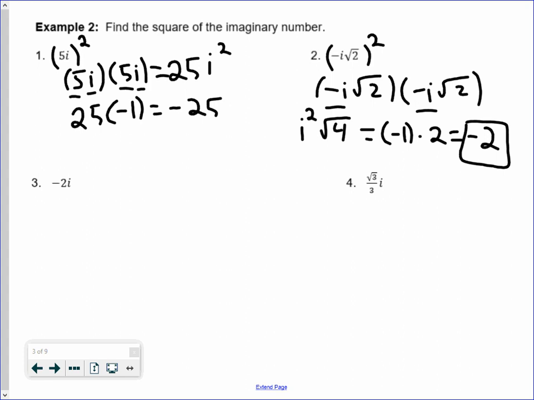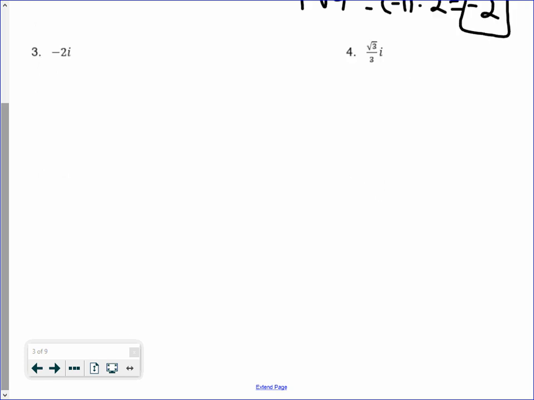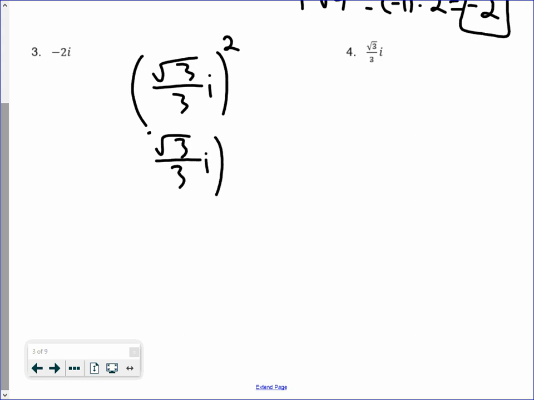All right, 3 is very similar to number 1, so I'll let you guys do it yourselves. But we're going to work on number 4. That was a little more difficult, so we're going to work on that. For number 4, we have root 3 all over 3i, and we want to square it. Like I said before, when we square something, we multiply it with itself. So we get root 3 all over 3i multiplied with root 3 all over 3i.